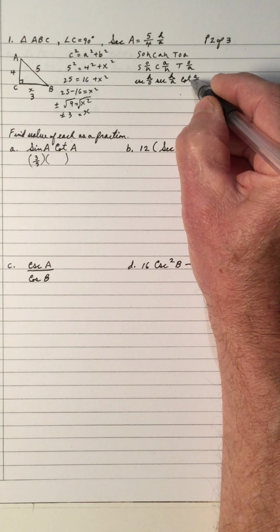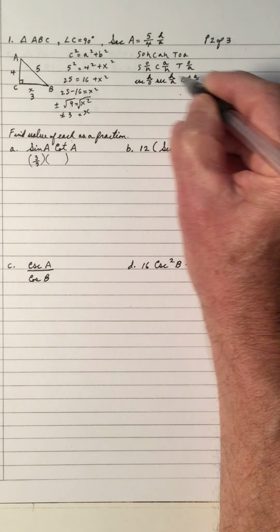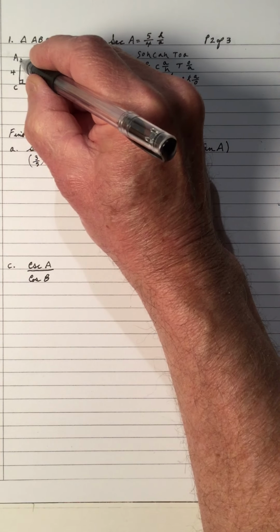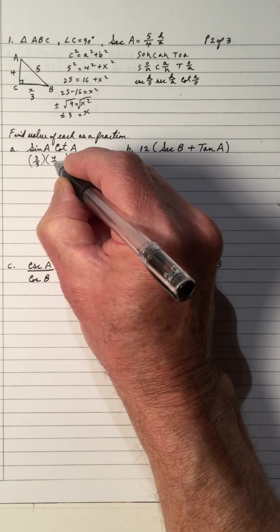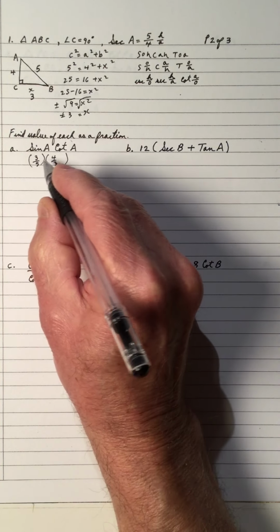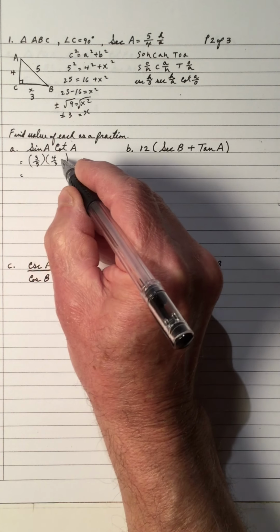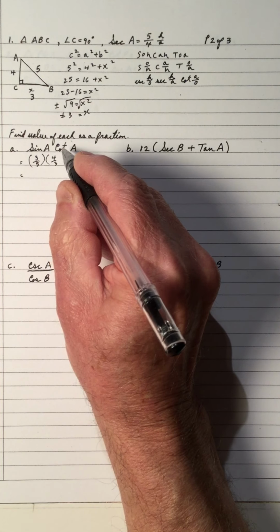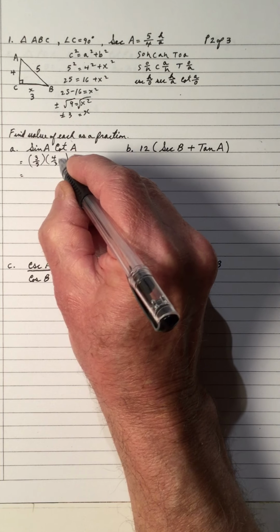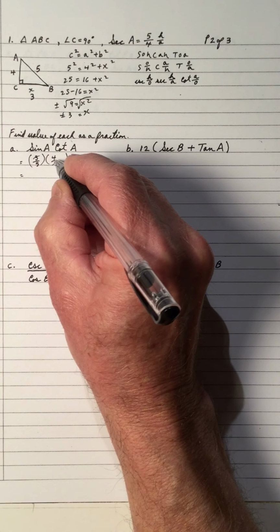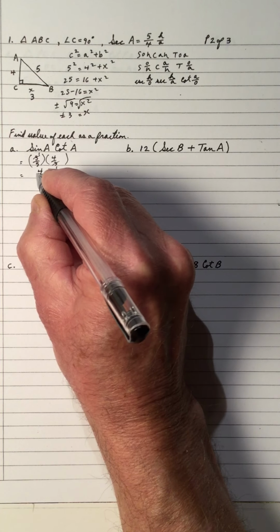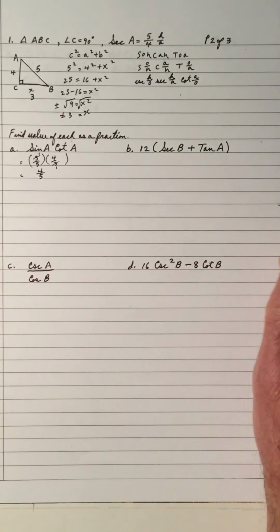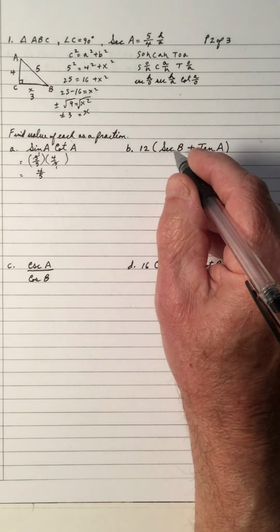And the cot is adjacent over opposite in terms of angle A. Adjacent is 4, opposite is 3, so it's 4 over 3. Now I will multiply. And when we multiply fractions, the first thing I look for is to cancel. So the 3s cancel out because they're top and bottom. 1 and 1. So 1 times 4 is 4. 5 times 1 is 5. So the first one is worked out.